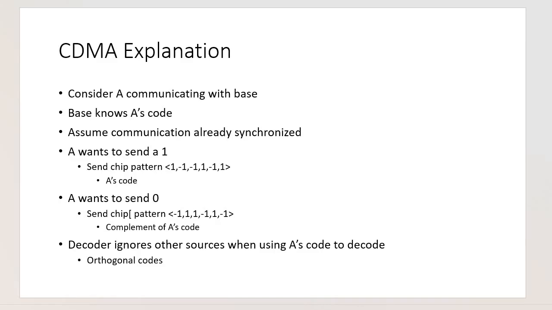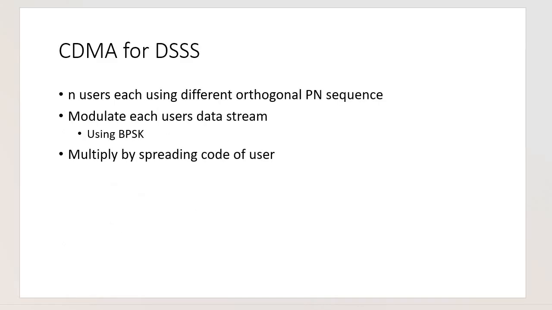This shows encoding and decoding in CDMA: if a user sends bit 1, its code is transmitted; for bit 0, the complement code is sent. Orthogonal codes prevent interference. And in CDMA for direct sequence spread spectrum, multiple users use different orthogonal pseudo code sequences, and each user's data is modulated using the spread spectrum.